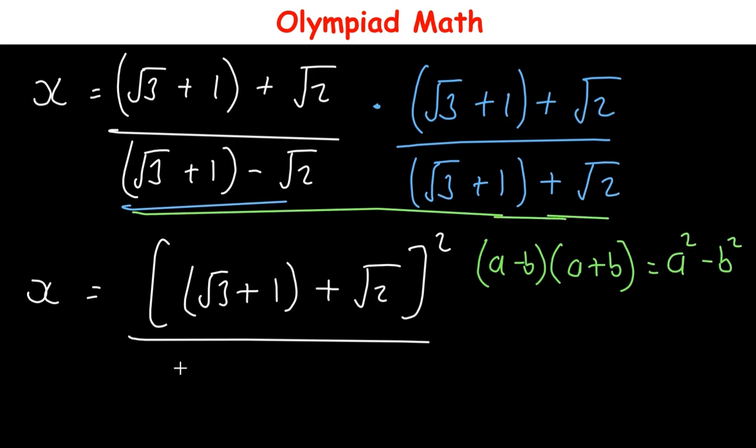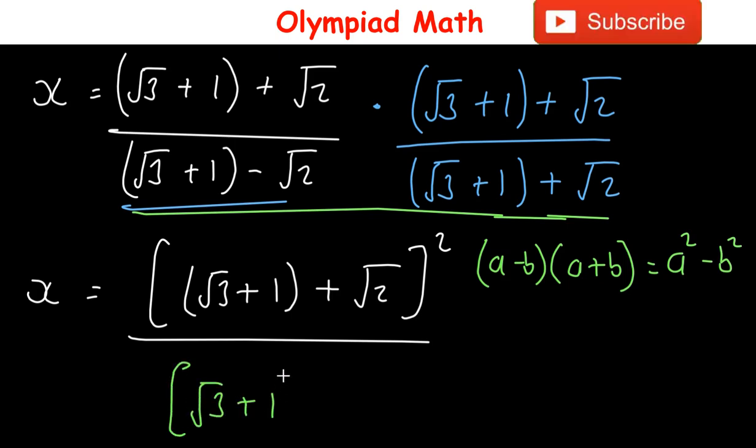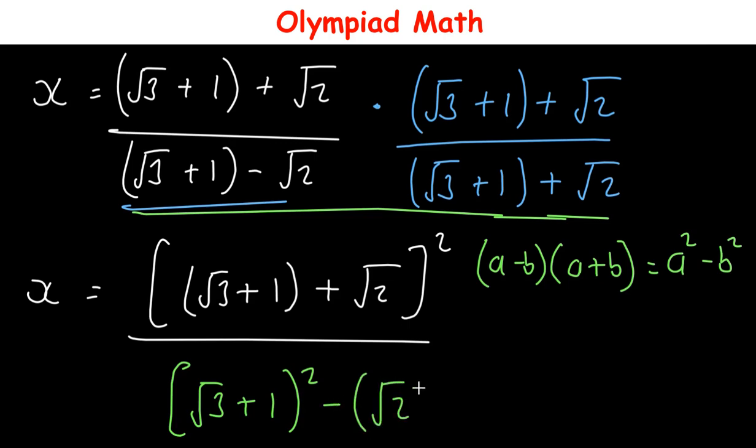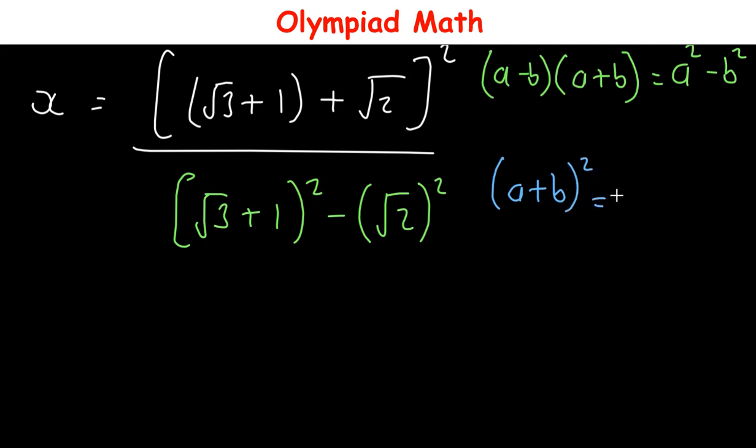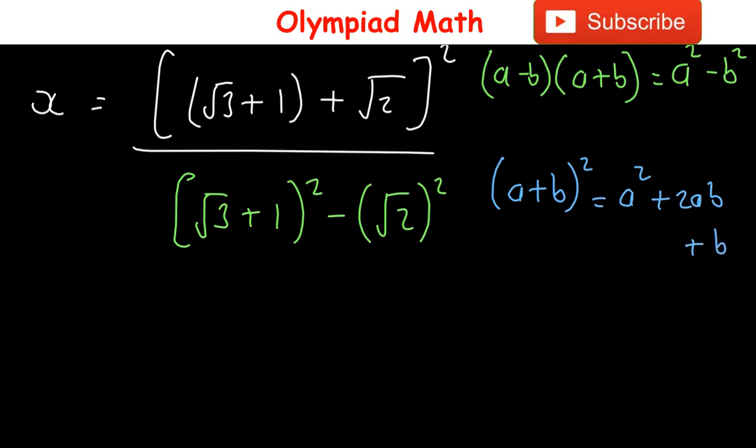So this then becomes, we have in bracket square root of 3 plus 1, all squared, minus in bracket square root of 2 all squared. So from here, also applying this rule, that if you have in bracket a plus b all squared, this equals a squared plus 2ab plus b squared.